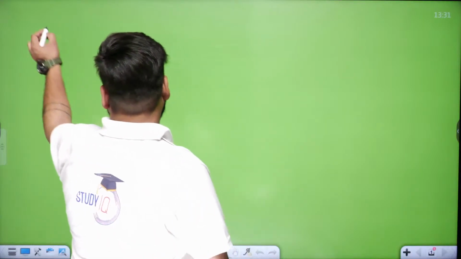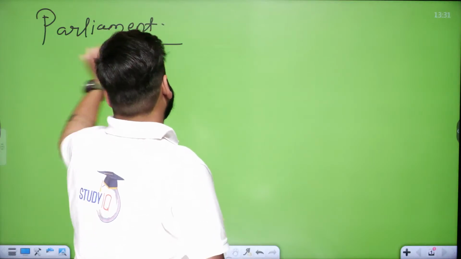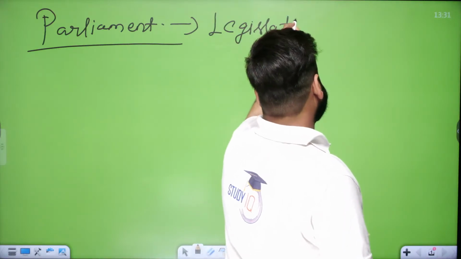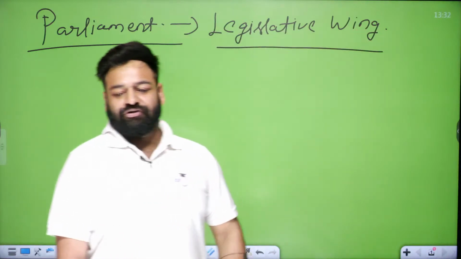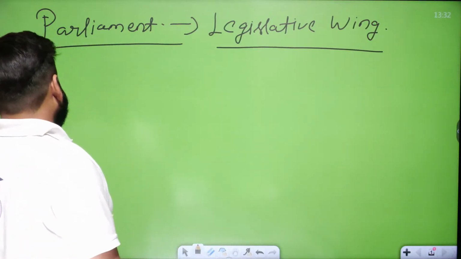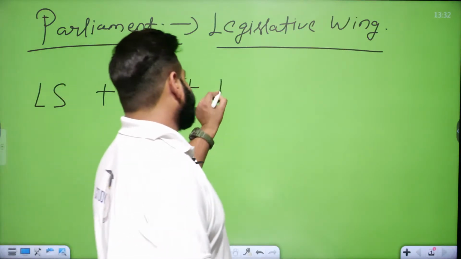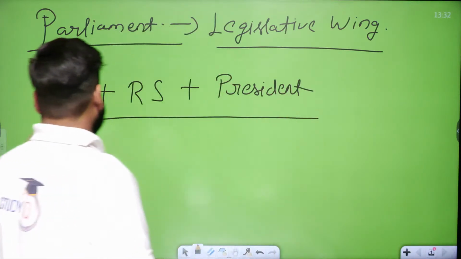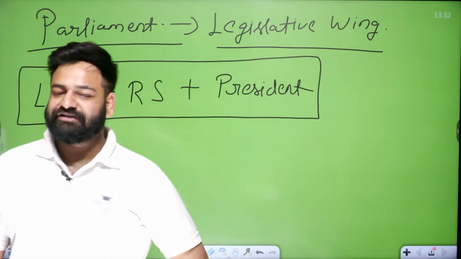So, parliament means the legislative wing, where the laws of the country are enacted. And parliament is made up of three things: Lok Sabha plus Rajya Sabha plus the President of India.